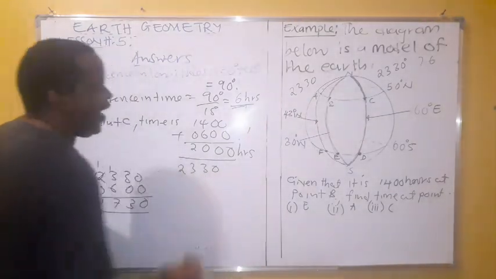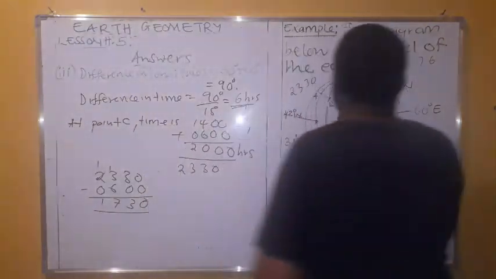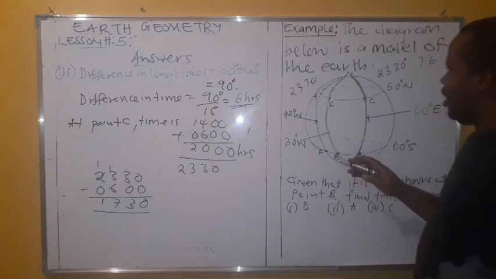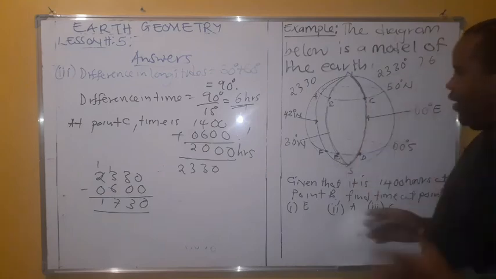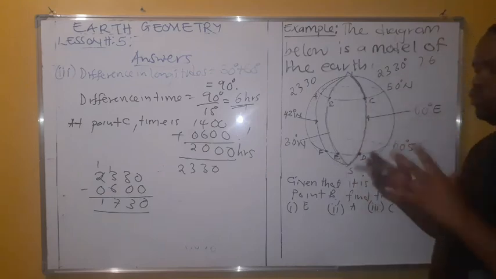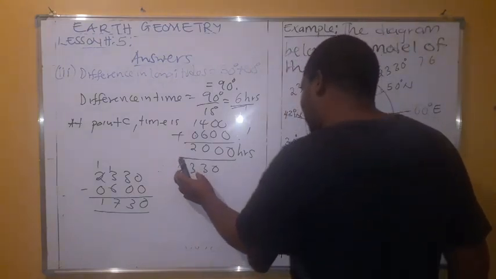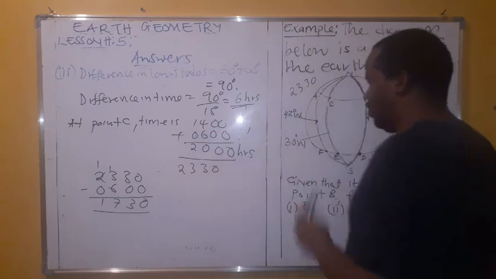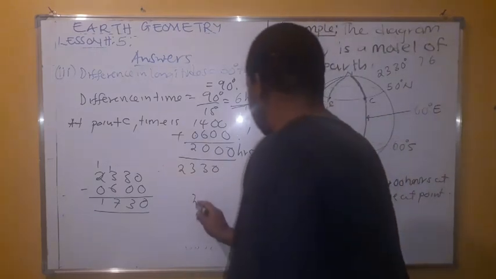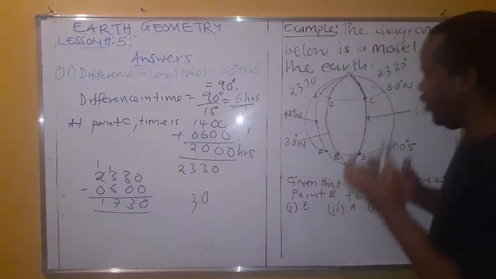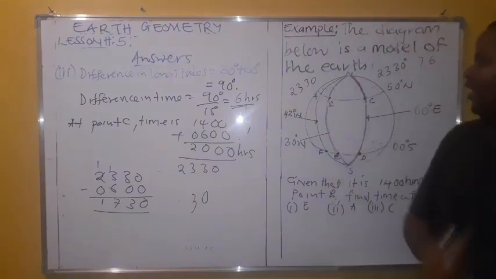The best that you can do is, since time there is 23:30, and a day has got 24 hours, meaning that from 23:30 to 24 hours or 00, you need 30 minutes. So from 23:30 to 00, you'll have consumed 30 minutes.